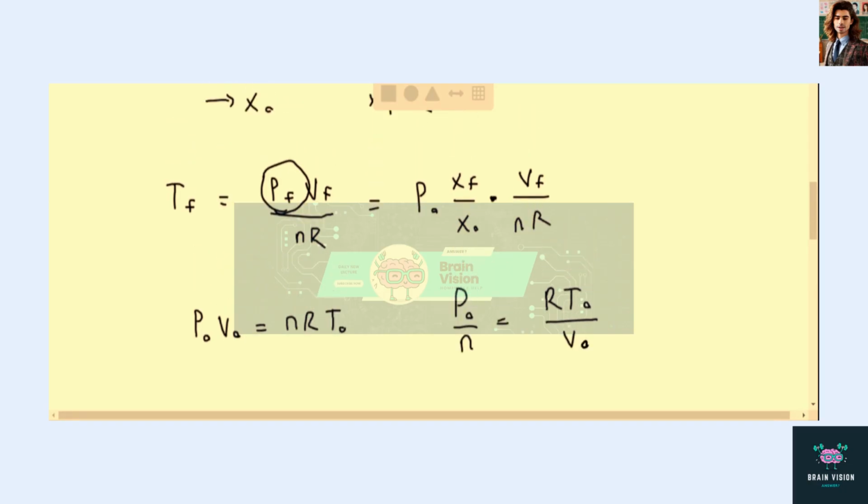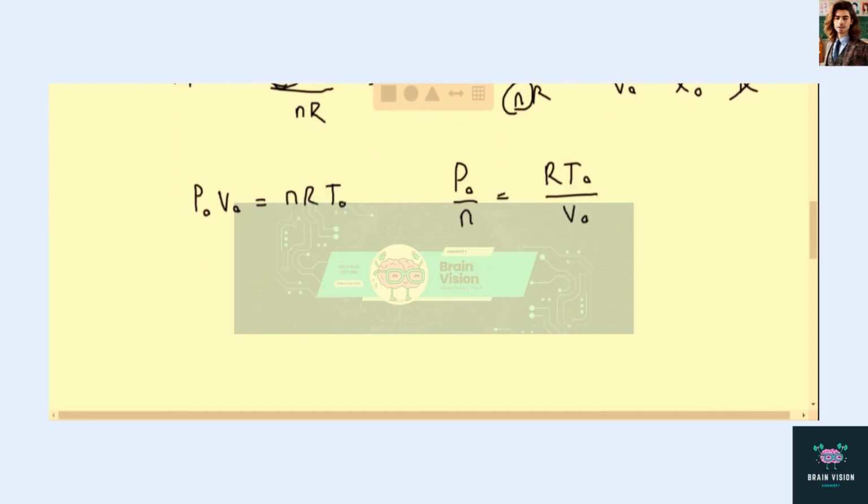So you can see this P naught over N in here is what I'm going to substitute out. And if I do that, I will have R T naught over V naught, X final over X naught times V final over R. So our R's cancel out, and we're just left with, let's see if we can write it a little cleaner.